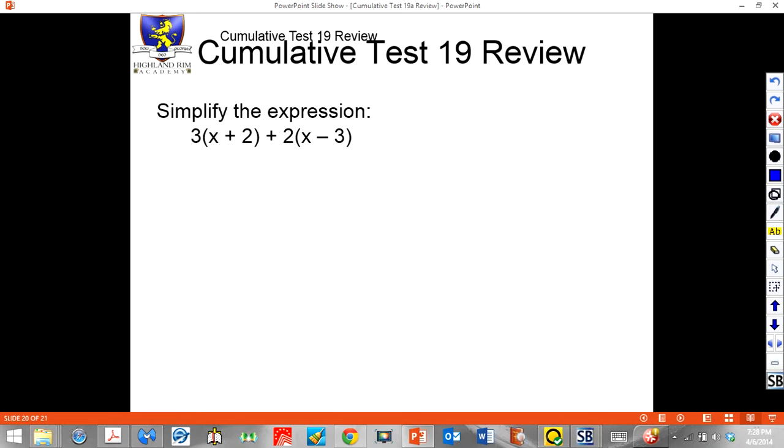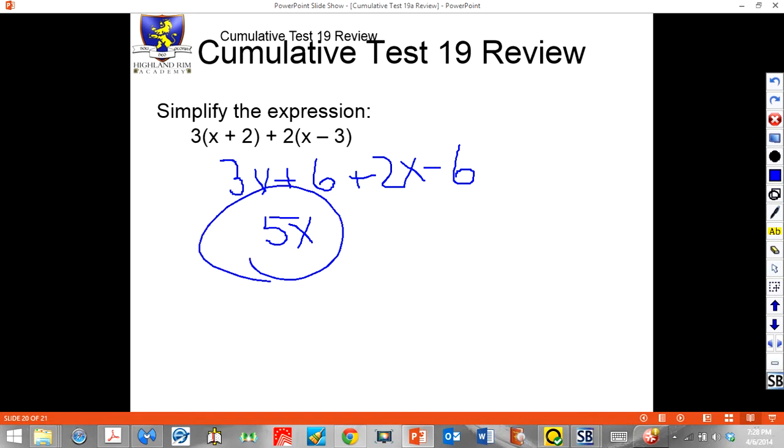So first we distribute the 3, we get 3x plus 6, distribute the 2, plus 2x minus 6. So we combine like terms, and we get 3x plus 2x, we come up with 5x plus 6 minus 6, and that's what we end up with, 5x.